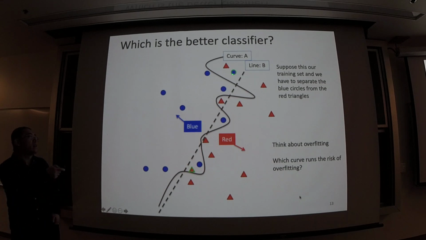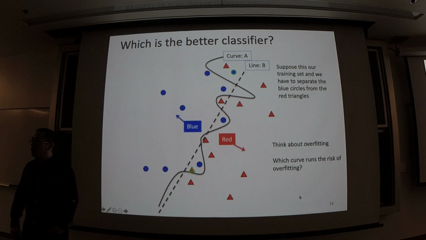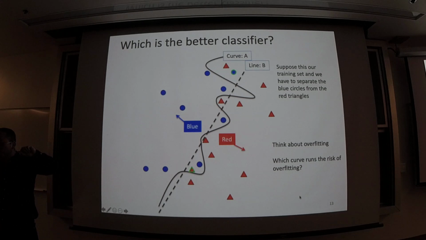So when I have new uncorrupted test examples here and here, my classifier gives a correct prediction. So now we have a concrete sense of the benefit of avoiding overfitting, right?